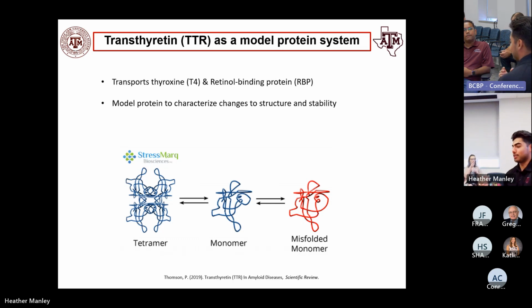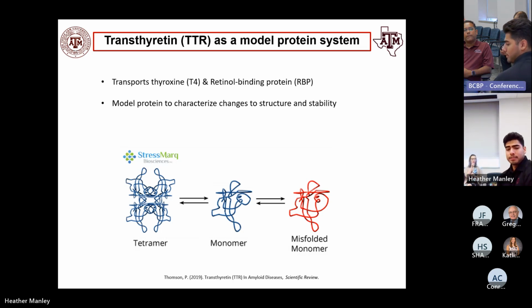So the idea is to create monoclonal antibodies. These antibodies, we want to attack and target the pathogens and eventually neutralize them. As a preliminary study, we took TTR to make sure that the nanoparticles wouldn't disrupt the structure and stability of the protein.